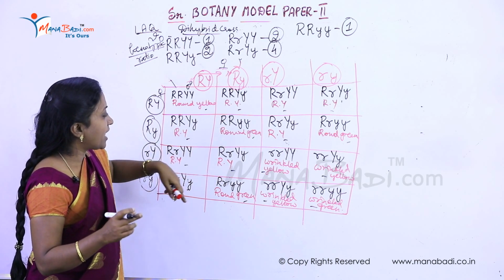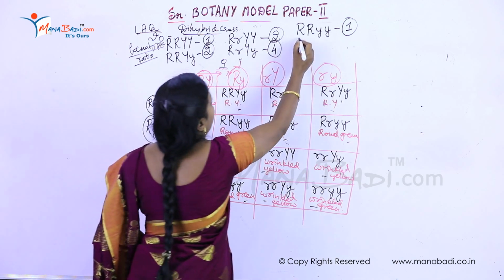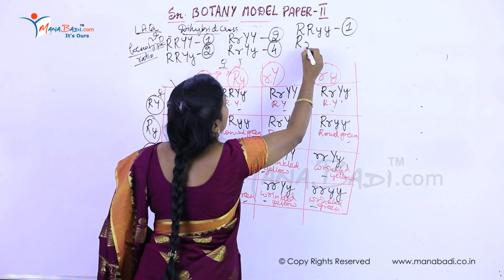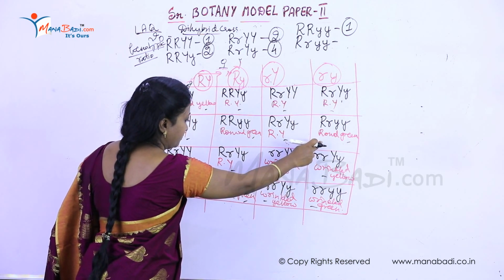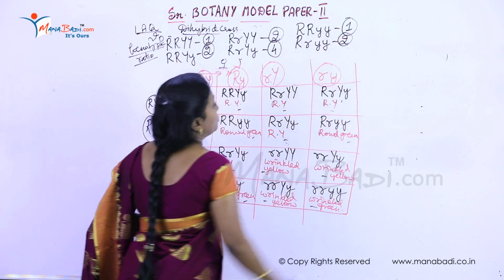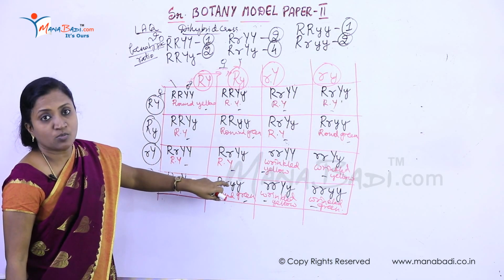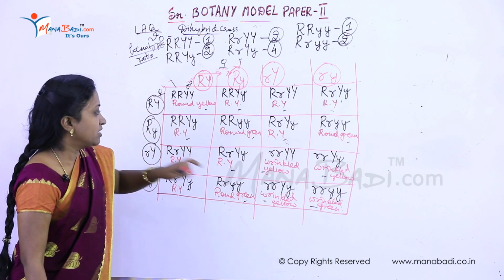Now coming to another genotype, that is capital R, small y, small y. How many are there? 1, then 2. How many genotypes are there? 1 and 2.